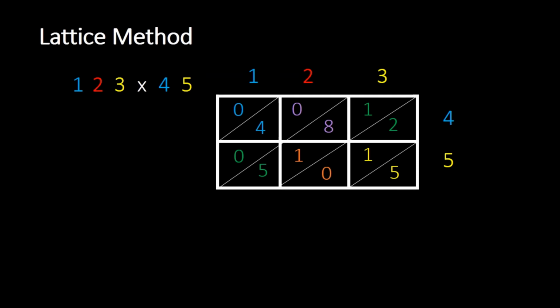And now pay attention to each diagonal. We're going to add each number in every diagonal. So in the first diagonal, we only have the number 5. In the next, we have 2 plus 1 plus 0, which would give us 3. The next diagonal, 1 plus 8 is 9, 9 plus 1 is 10, 10 plus 5 is 15.